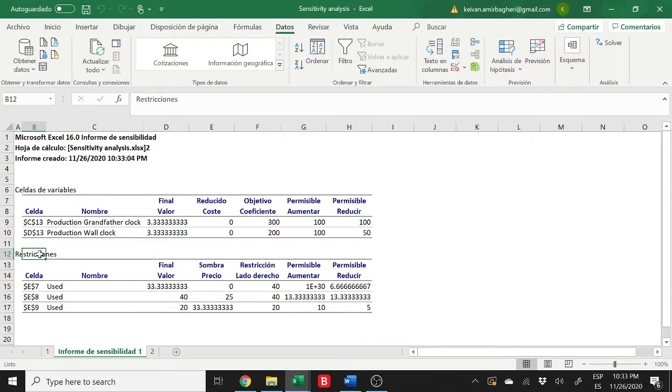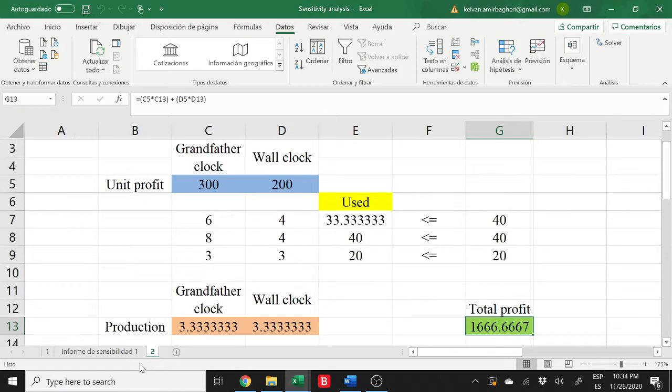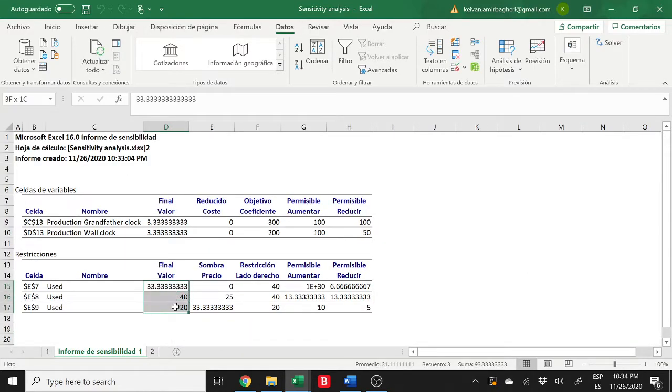So when we are talking about constraints, as we talked many times about the right hand side of our problem, as you see here guys, the right hand side, the one that it calculates, it is reflected here, 33.33 for T220. And the shadow price is the change that happens based on changing the values.